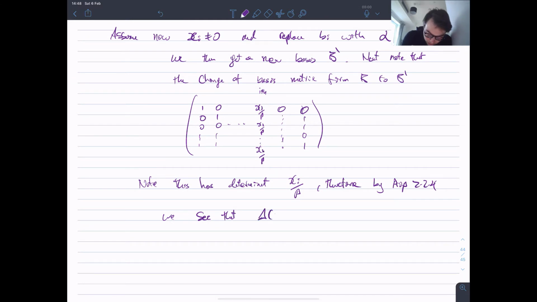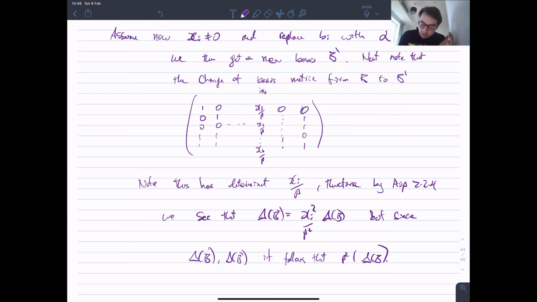So we see that the discriminant of B primed is the determinant squared, so it's this thing times your previous discriminant. But as I said before, since these two numbers are integers, it follows that p squared has to divide the discriminant of B. And this is the end of the proof.